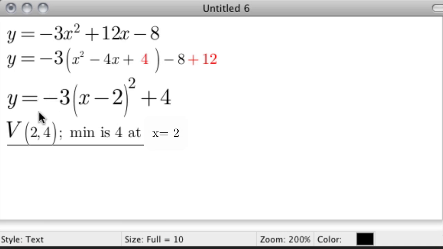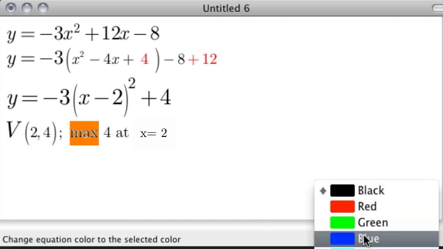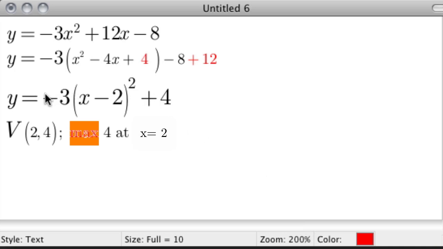Since the a term is negative, that means that the parabola opens downward, and this really isn't a minimum. This is a maximum. So you can determine a maximum or a minimum without plotting as long as you pay attention to the sign of the x-coordinate. And the axis of symmetry is x equals whatever the x-coordinate is, 2.